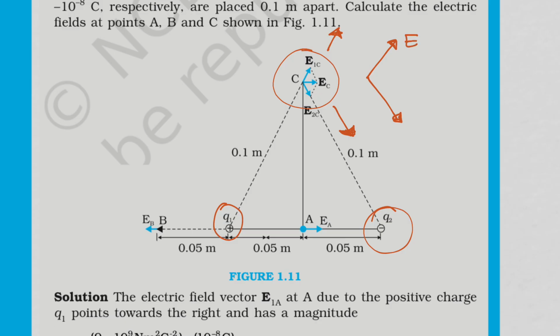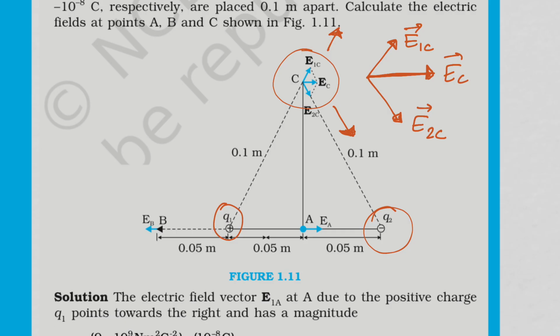One is called E1C, the electric field at C due to charge Q1, and E2C, the electric field at C due to charge Q2. If we add these two vectors, the electric field will be somewhere in between these two vectors. That is the rule that you have learnt in class 11th mathematics and physics. Here also we individually find the electric fields, and then the vector sum of these electric fields gives the total electric field at C.